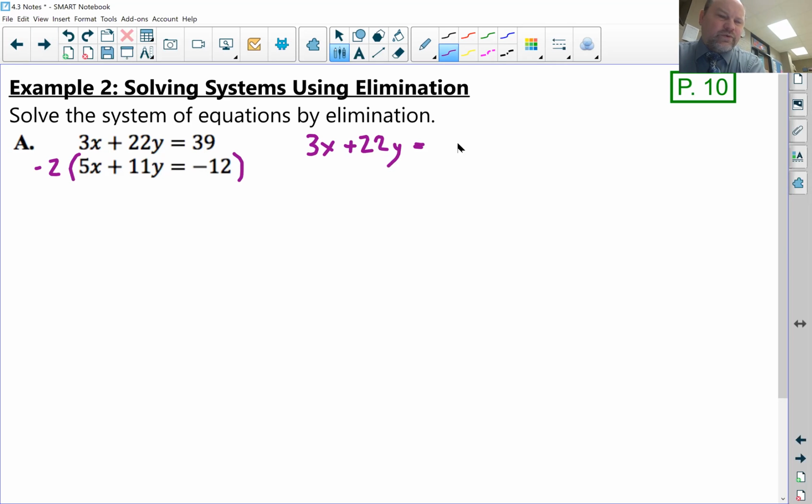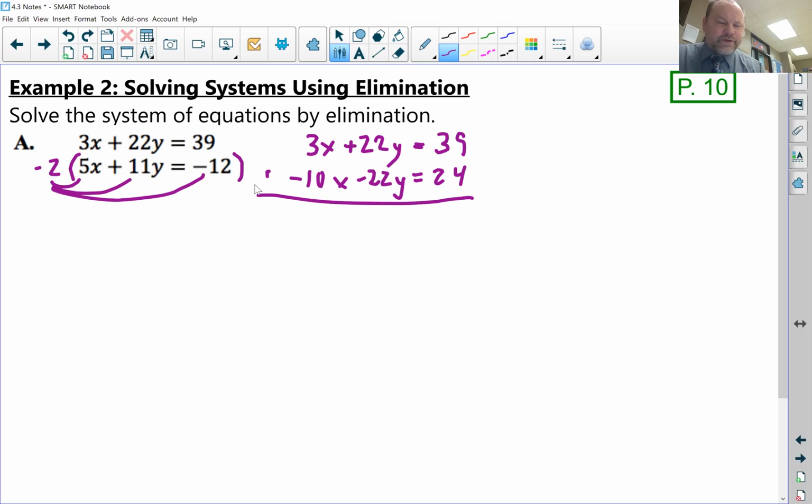Although it's not always possible. So again, I want to make sure I multiply everything in this bottom equation by negative 2. And then I'm going to add.